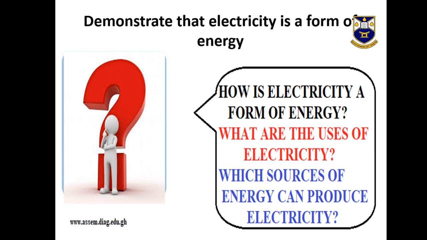You can get electrocuted once you get close to a live wire or a high voltage cable. So all these things are pieces of evidence to show that electricity is a form of energy and has the ability to do work.